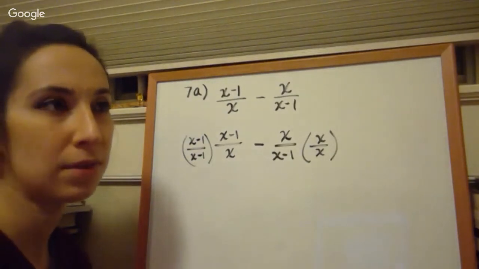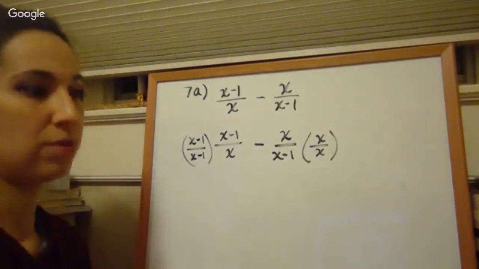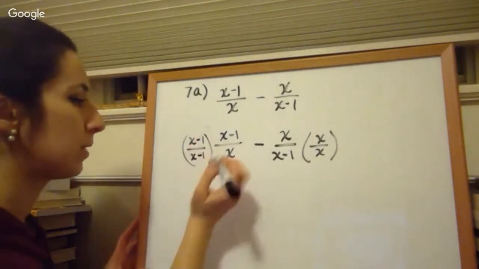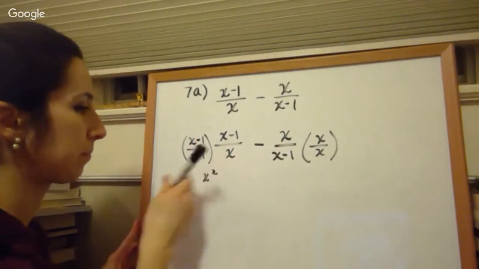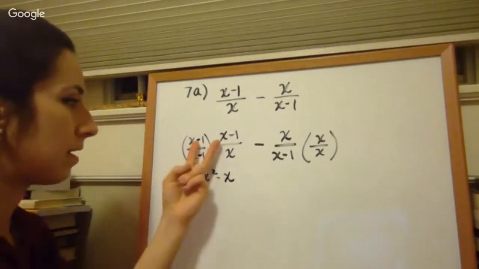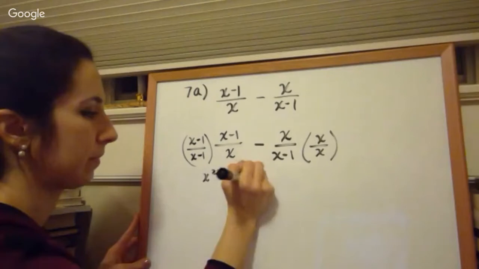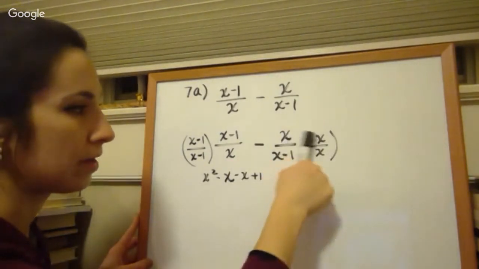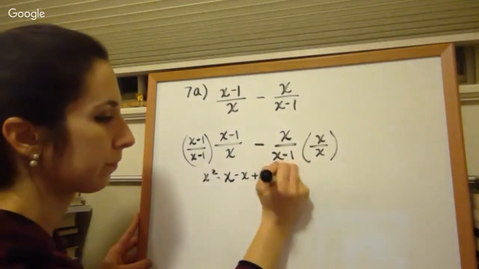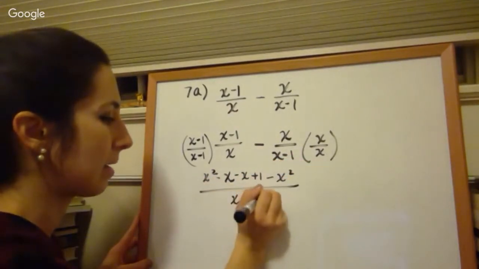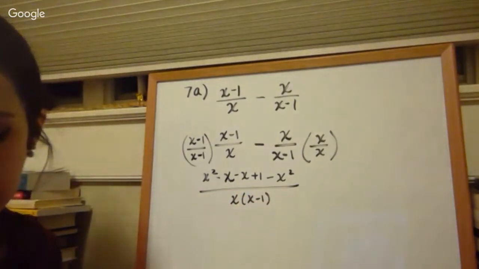Which is very different than what I was pointing out before with just that -4 being distributed. So here we're going to have x squared and then minus x, then another minus x, and then plus 1, okay? Over here we have an x squared, and then our common denominator is x times x minus 1.